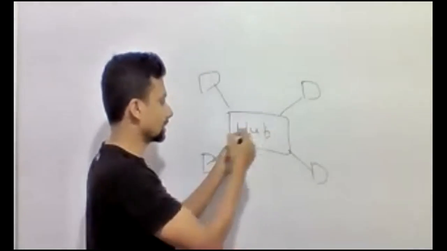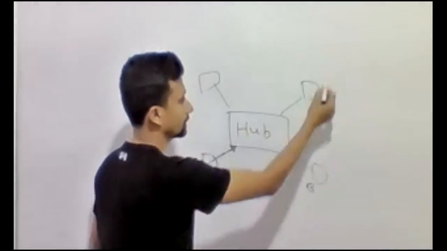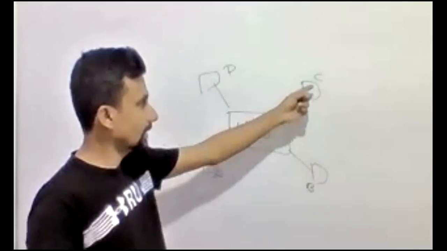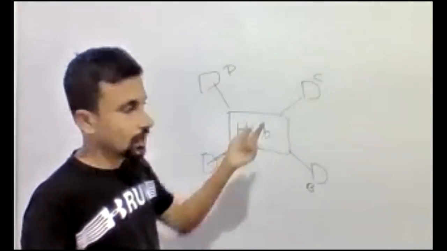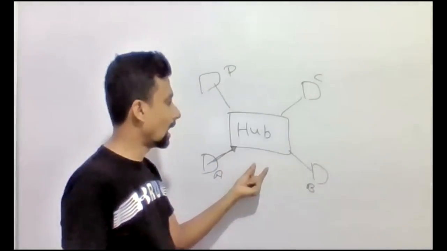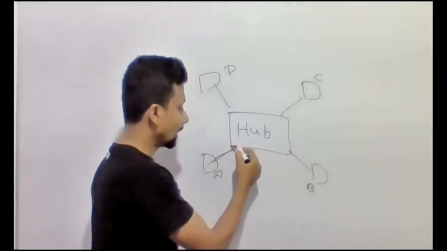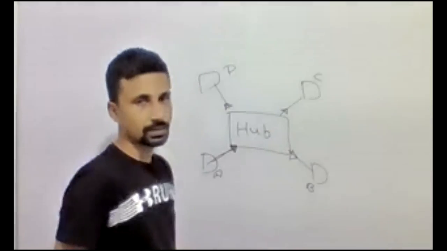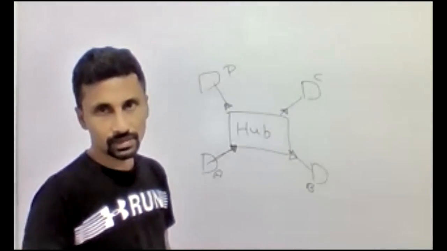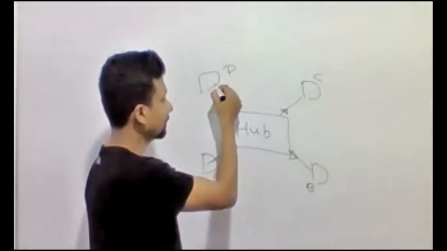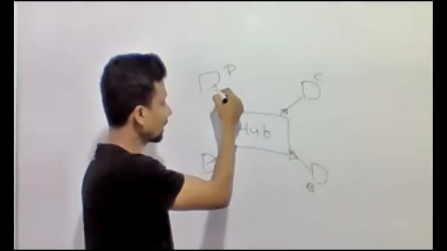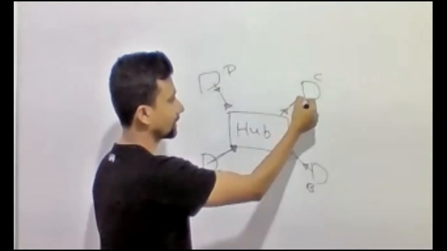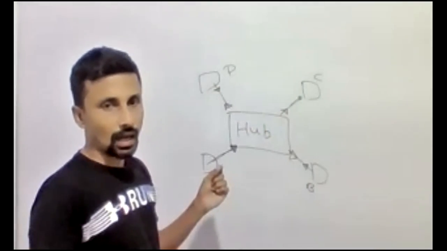Suppose A, B, C, D. Computer A needs to send a message or transmit data to C. When it comes to the hub, it is sent to all these computers. But these computers are rejecting it, so it comes back this side. This is also rejected. This one only takes that data.